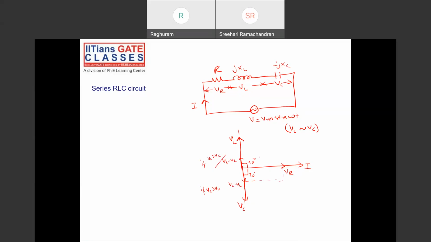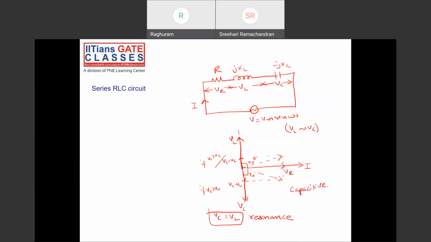Based on that, you'll get the resultant. There is a condition where VC is equal to VL. That is something you'll see in resonance. If VC is greater than VL, the circuit is capacitive in nature.